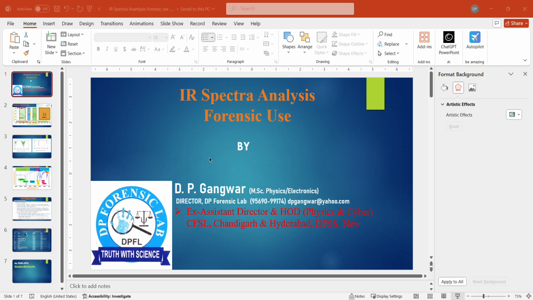The whole spectrum here is a MIR spectrum, from 4000 to about 600 centimeter inverse. This whole spectrum is divided into two main groups: one is the functional group region, and the other is the fingerprint region.